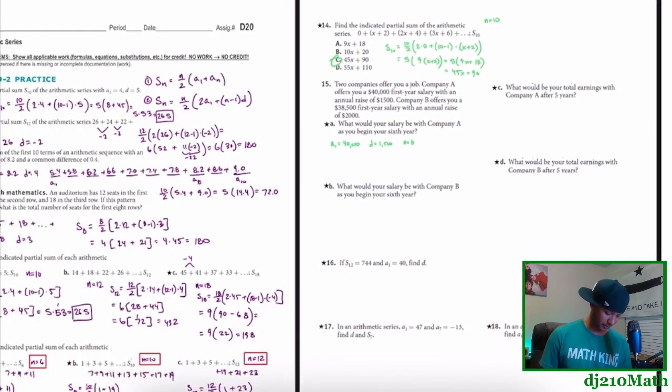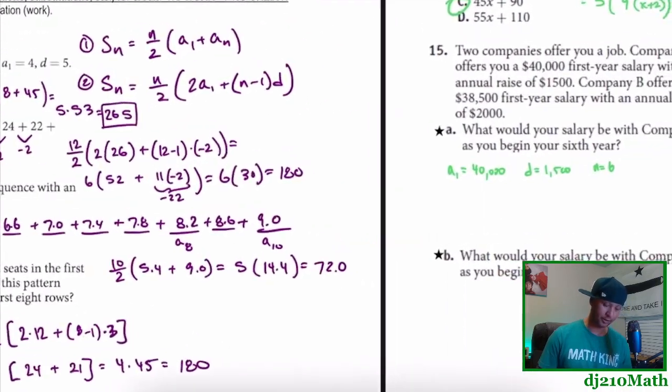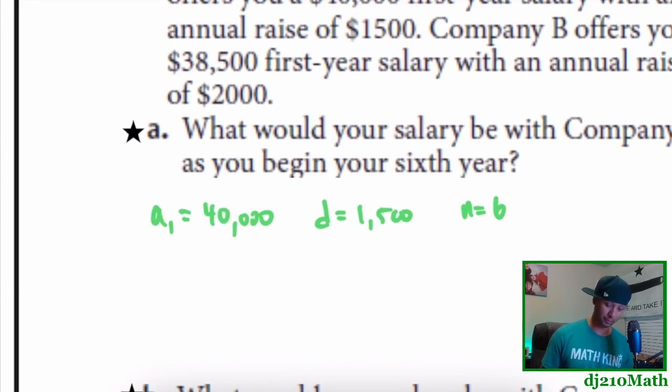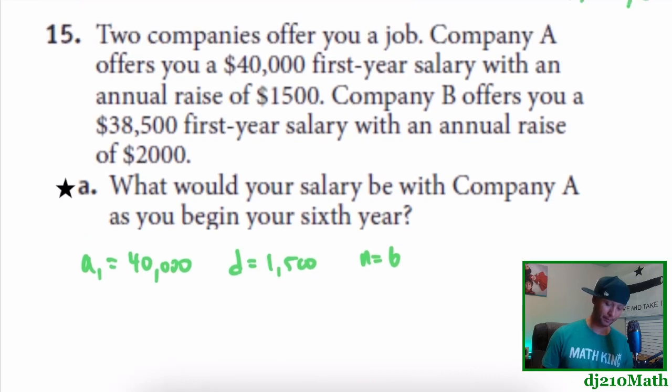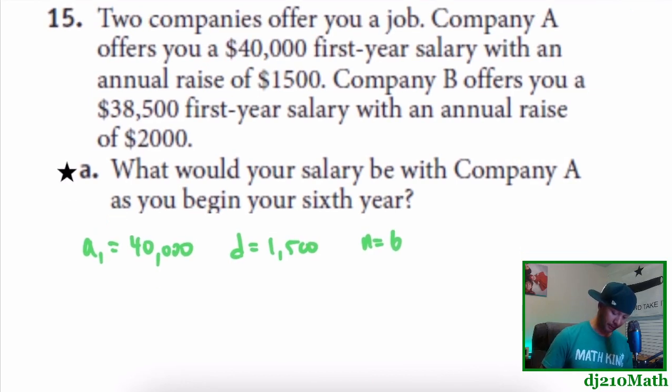Oh, not geometric, arithmetic. So it's not an arithmetic series problem, it's an arithmetic sequence problem. So we're not adding them, we're just listing out what you're making the first year, right? So a sub 6, that's what we're looking for. So n is equal to 6, right?